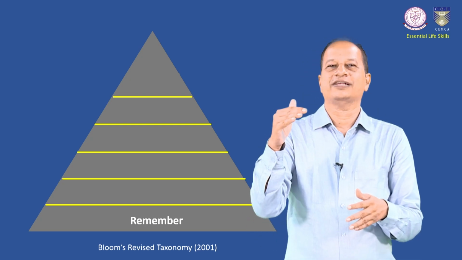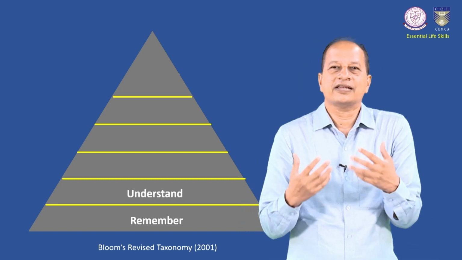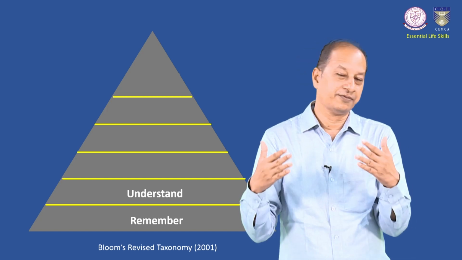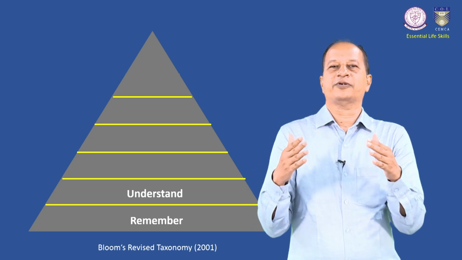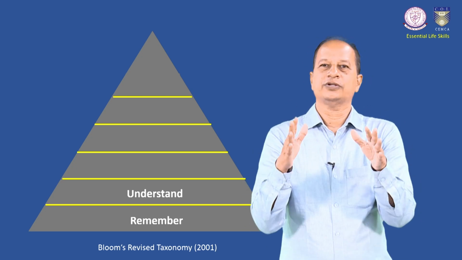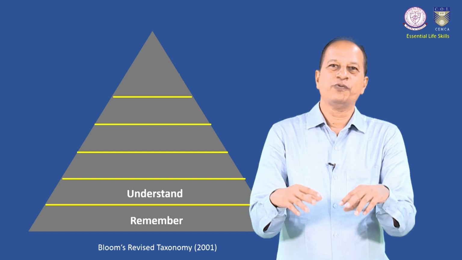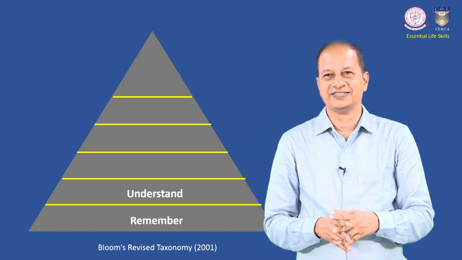The next one is understanding. That means I can explain ideas and concepts if I have understood it well. So for any proper thinking strategy to take place, it's important that we understand and we show how well we have understood by explaining ideas or concepts.